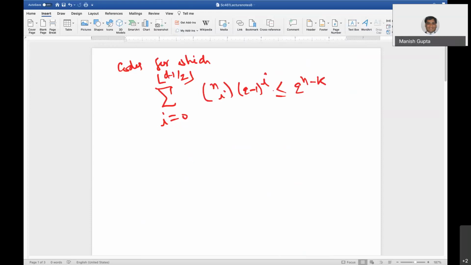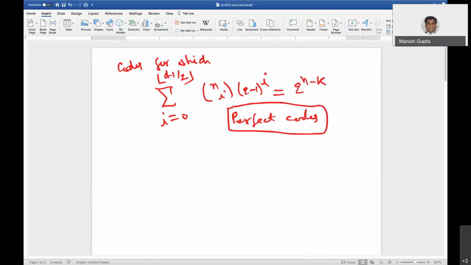So this is our actual bound. Codes for which equality holds here are known as perfect codes. It's a beautiful concept.